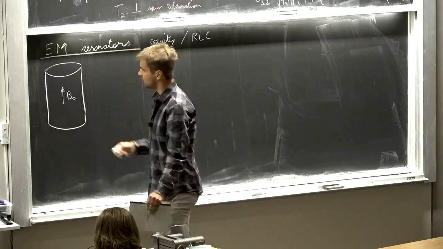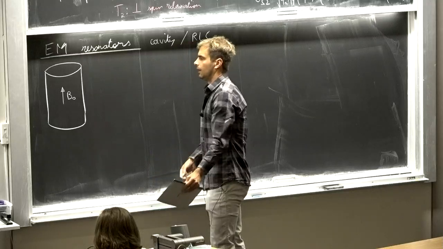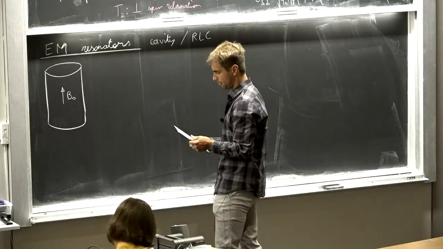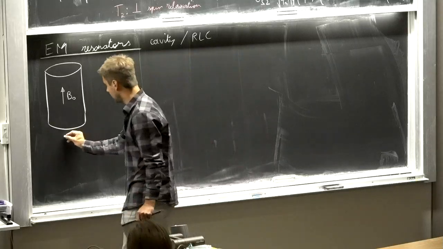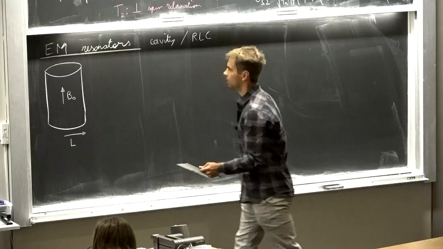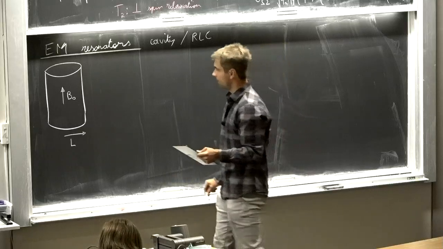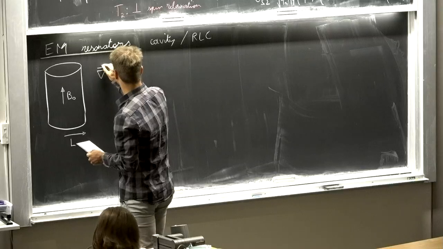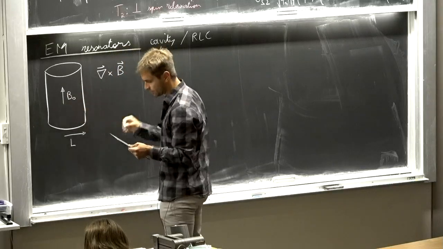This cylinder is a solenoid, for example. So there's some large vertically oriented magnetic field, and your apparatus has some size L. And the axion signal would manifest as some perturbation to this static magnetic field.